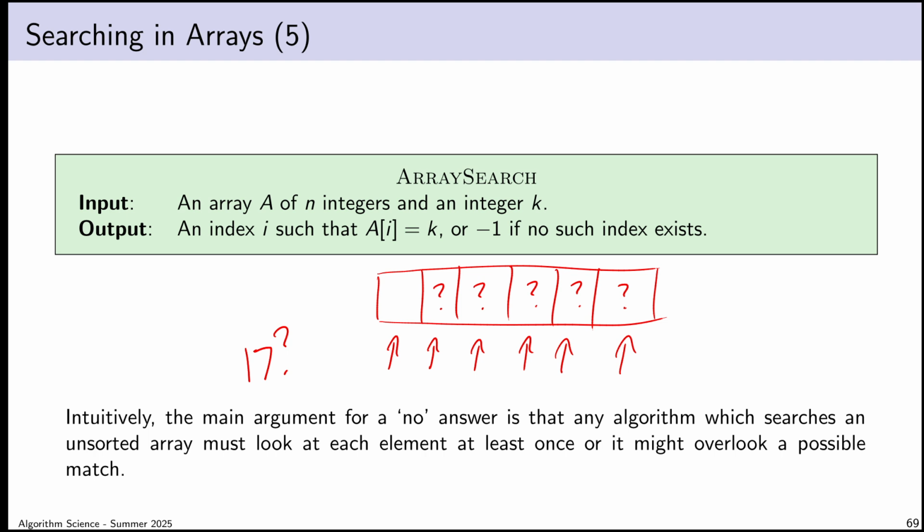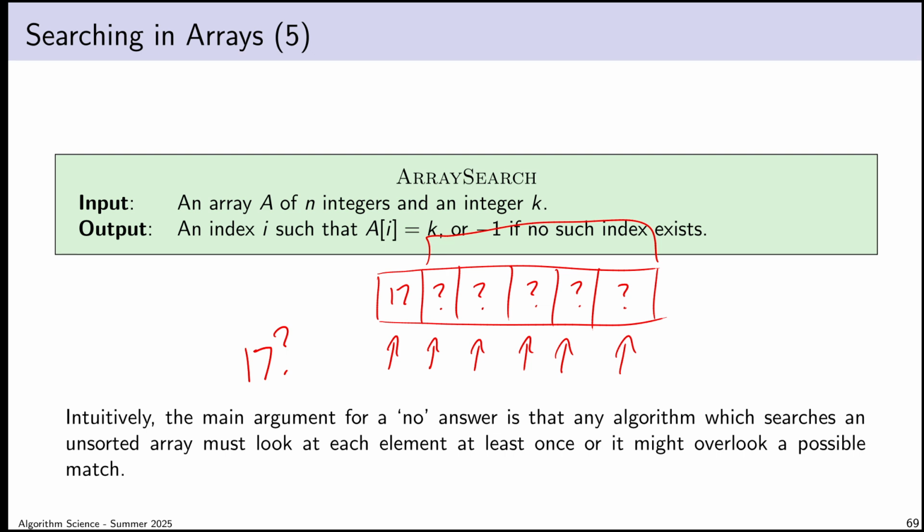If you look at what's behind door number 1 and you see 6, that doesn't tell you that 17 isn't behind one of the other doors. Sure, you could be lucky and you look at one element and it happens to be 17, but that's not worst case, that's best case. In the worst case, it's always the last place you look, or maybe it's not there at all.